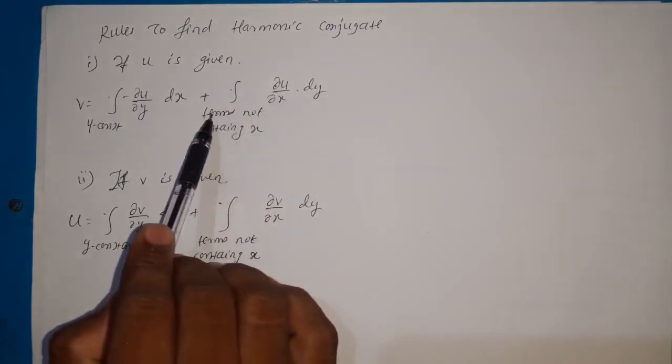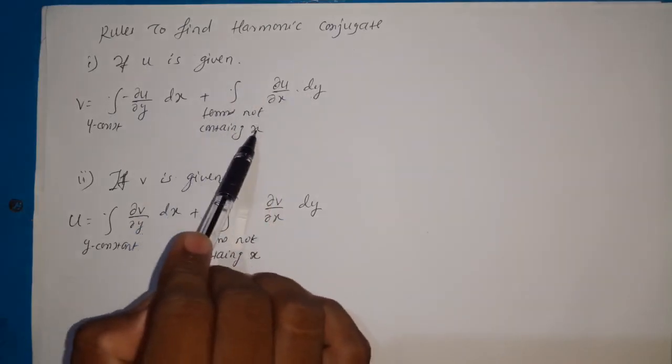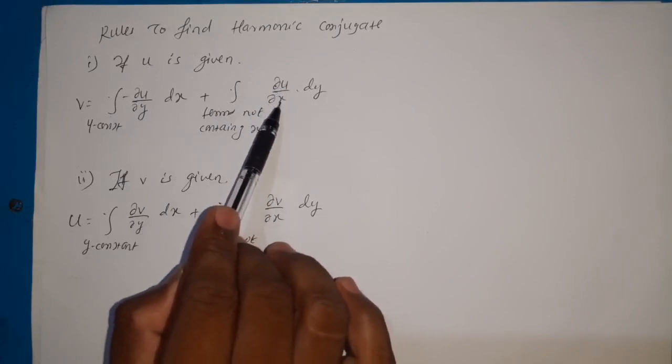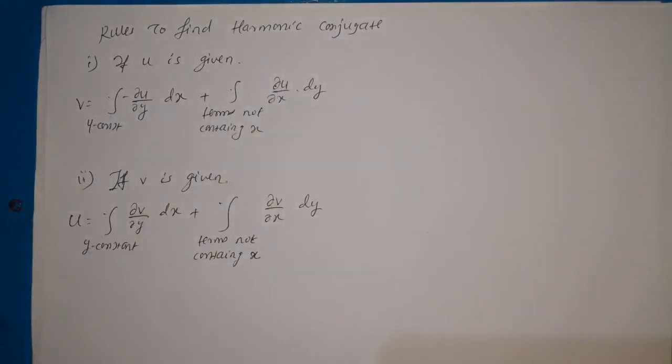Here, while integrating dou u by dou x, we should consider only the terms which are independent of x, which means the term should not contain any x, and integrate that with respect to y.